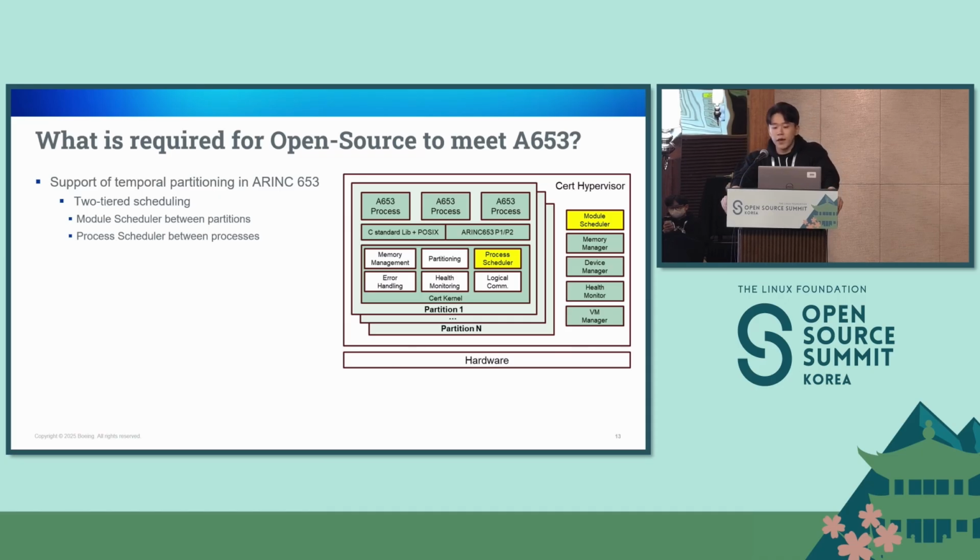Partition scheduling is managed by the modular scheduler, and process scheduling within a single partition is managed by the process scheduler. To effectively support these schedulers, it is essential to fully understand the temporal partitioning requirements defined by ARINC 653. We'll explore this in more detail in the next slides.